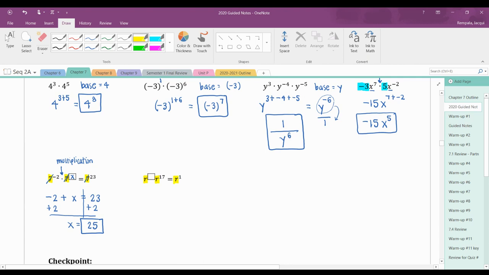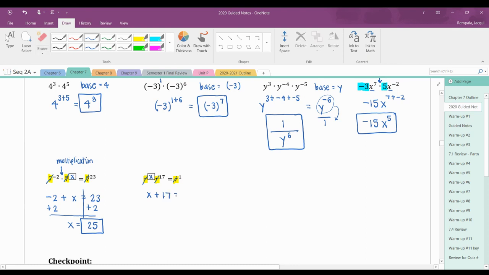Notice that in the next one, I once again see an R for a base, an R for a base, another R for a base. So because all the bases are the same, we just have to focus on the exponents. So once again, I'm trying to figure out what that box is. I'm going to put an X. Because the bases on the left are being multiplied, when I start ignoring the bases, I have to add the exponents. Oops, that's a 17, not a 14.